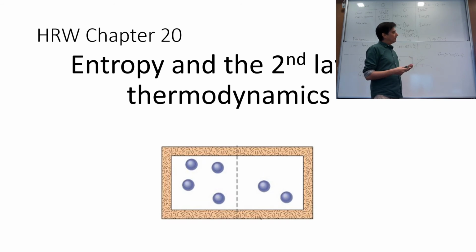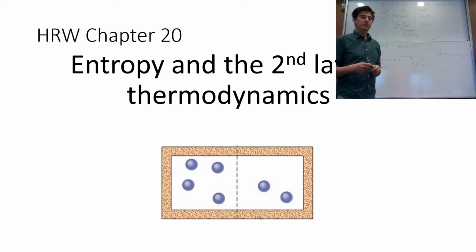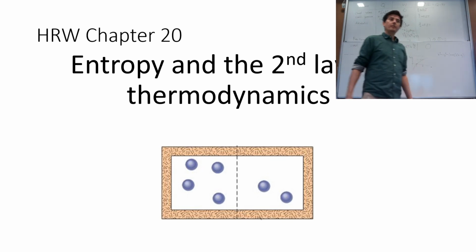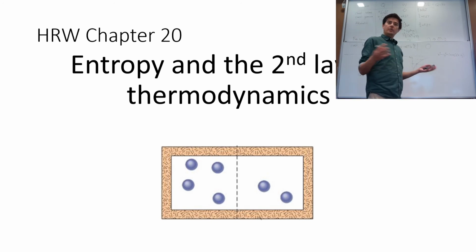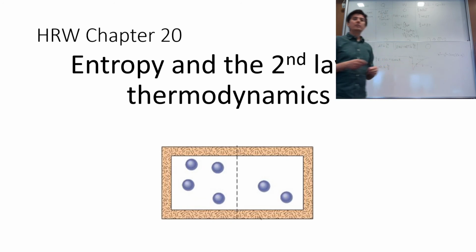And the second law of thermodynamics, which we're probably not going to be able to get to, uses this idea of entropy and basically says that entropy always increases if you add up all the different entropy changes, right? The claim is that the entropy of the universe is always increasing.